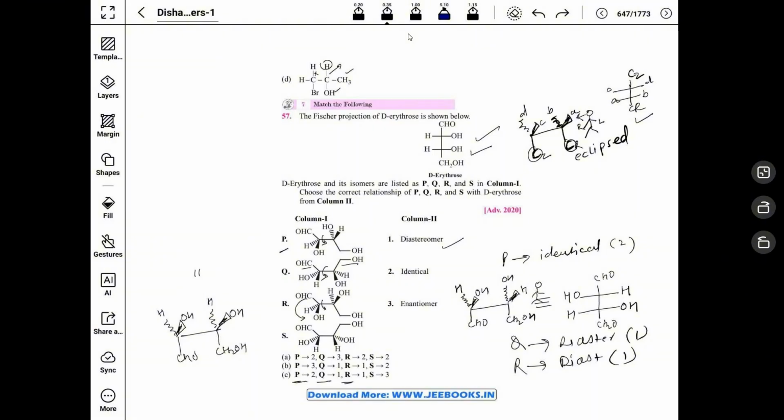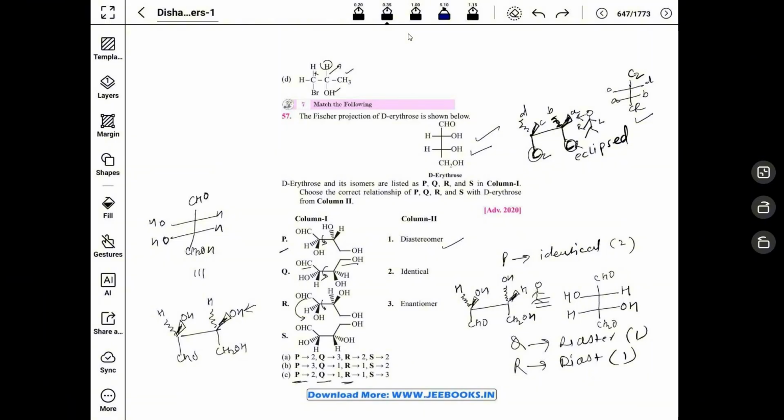So the Fisher projection will be CH2OH watching through this angle. So this is your OH, and OH on the left side, and hydrogen.